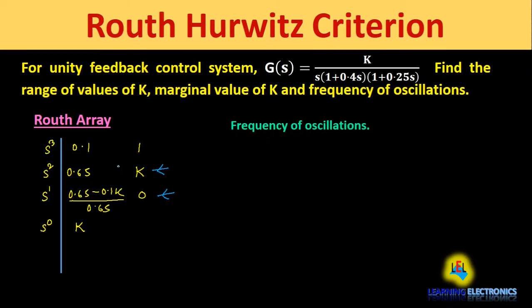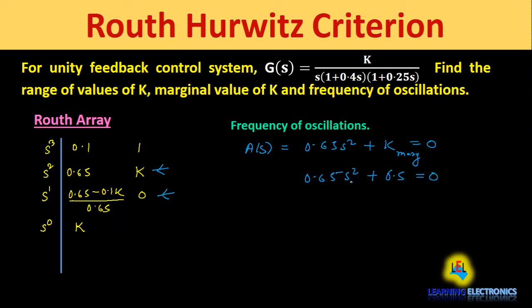From this row we will get the auxiliary equation A(s) equal to 0.65 s square plus k equal to 0. This k is the marginal value of k, so we will put the marginal value of k here. So we will get 0.65 s square plus 6.5 equal to 0.